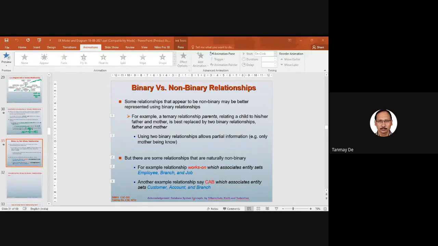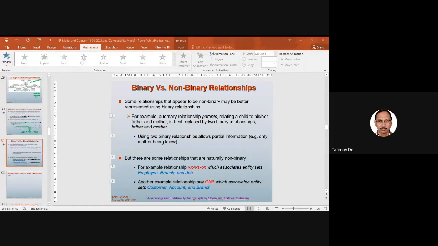For example, the ternary relationship parent relates the child entity set, father entity set, and mother entity set. This can be represented more meaningfully, and it contains clearer information than if we represent it by two binary relationship sets.